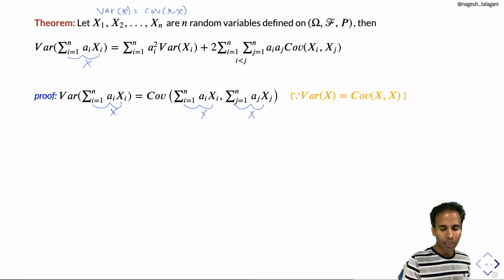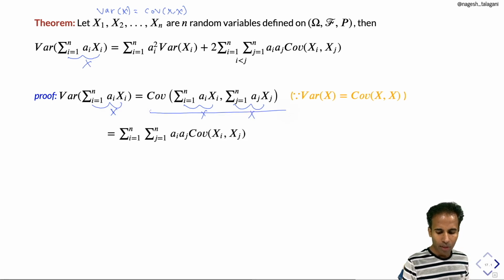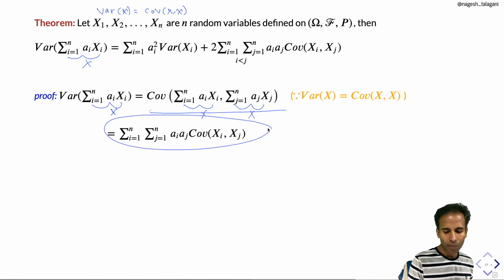Now using the above theorem, this covariance we can write as this double summation ai aj covariance of xi xj. Here the first summation runs over the first index i from 1 to n, and the second summation runs over the second index j from 1 to n. I am writing this from the above theorem.